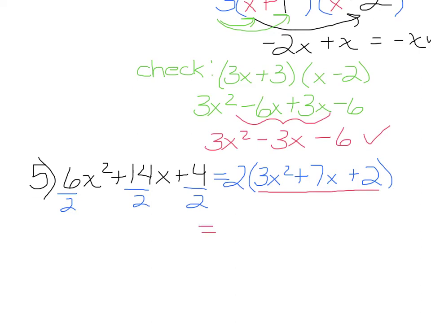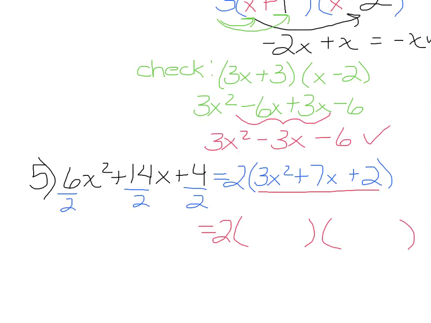So here's our 2, and I'm going to go into 2 binomials here, and luckily 3 and 2 are also prime numbers, so they only have one factor pair. So we might have to switch positions of them, but we don't have to eliminate a lot of factors that don't work.